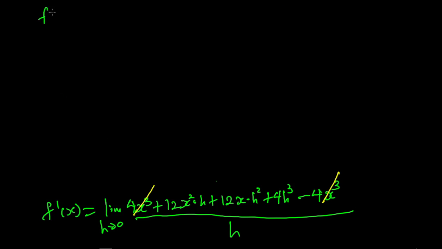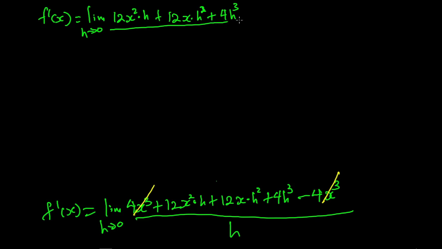So f prime of x is equal to the limit as h approaches 0. Then we are left with 12x squared h plus 12x h squared plus 4h cubed all over h.